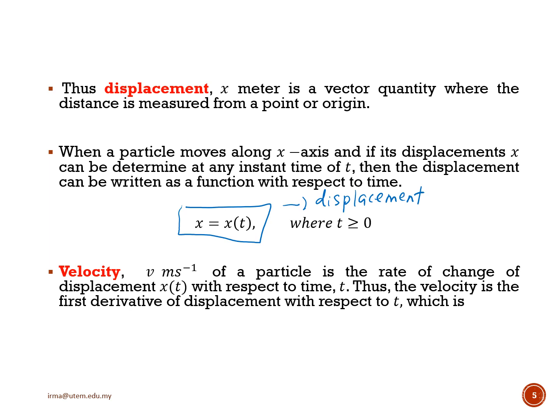And thus, the velocity is the first derivative of displacement with respect to t, which we can write as v equals dx/dt, where this v is the velocity. So the first derivative of x with respect to t gives us v.